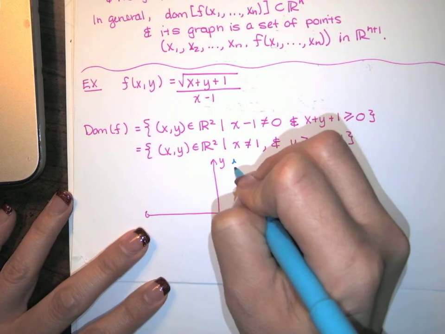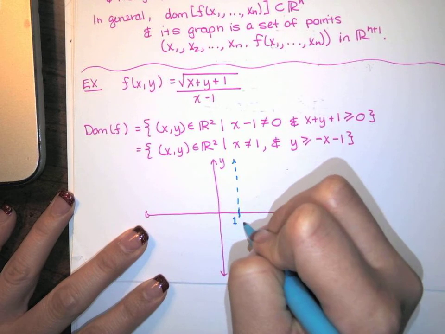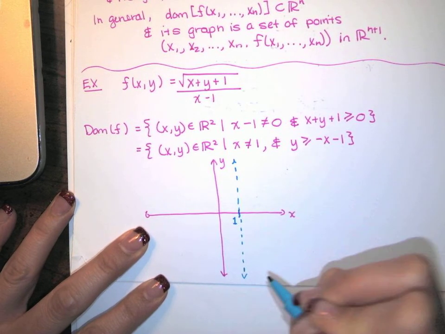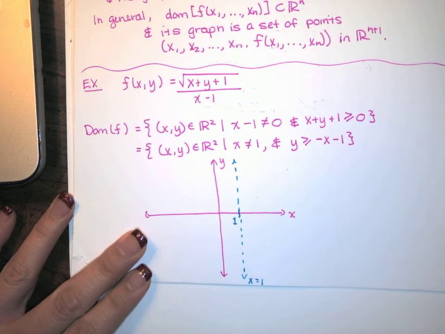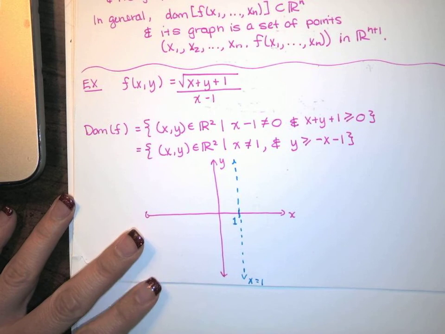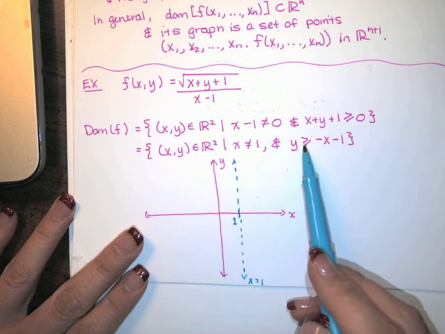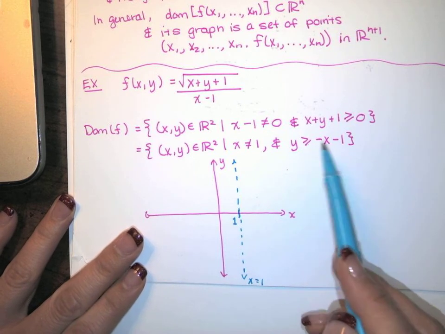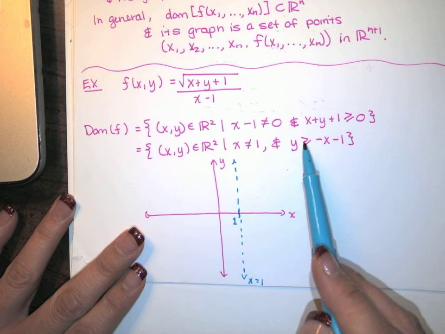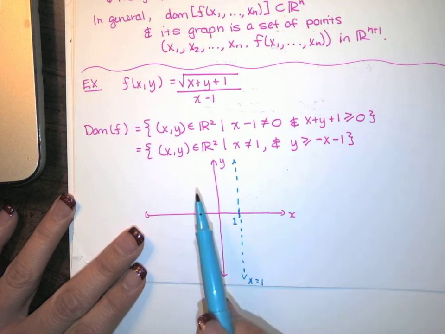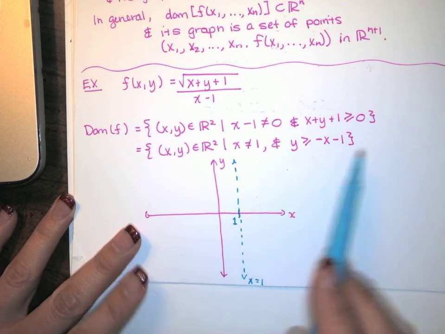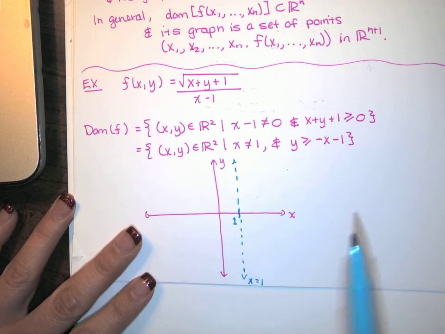So here is x equals 1. All of the points on that vertical line are not in the domain. Now here, it says that y is greater than or equal to this. Y equals that line, well, that's something I can graph. That's part of our domain. So let's graph that first.